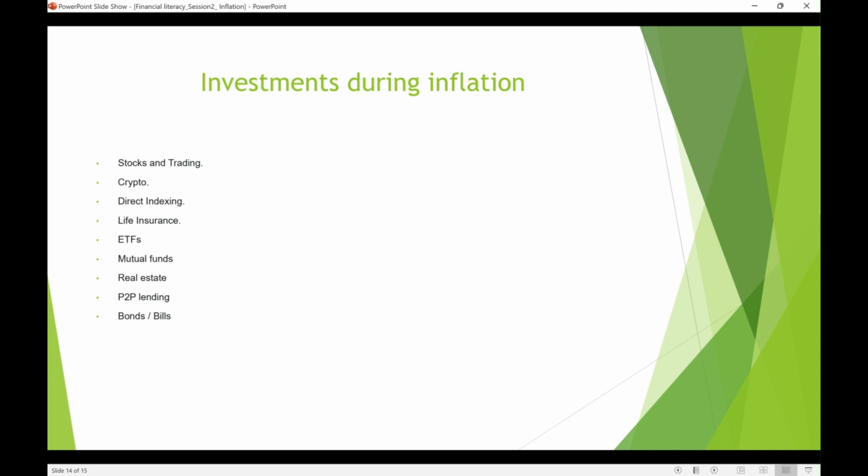Make a habit of it. You can invest in stocks and trading, crypto, indexing, life insurance, exchange traded funds, those ETFs, mutual funds, real estate if you can, bonds and bills, and P2P lending. P2P lending is just lending to private parties online at a high rate of interest, like up to 18%, 20%, whatever it is.